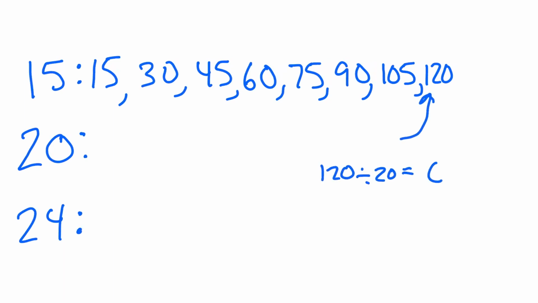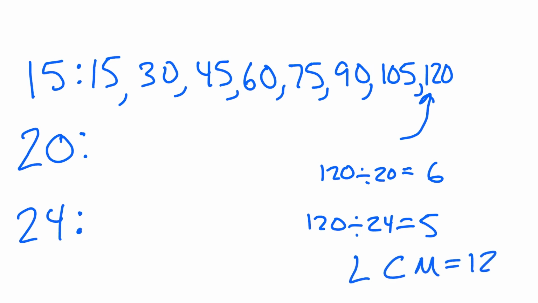So that works. 120 divided by 24 is 5. So, of all these multiples of 15, the first one that divides evenly by 20 and 24 is 120. That means 120 is the LCM, or least common multiple.